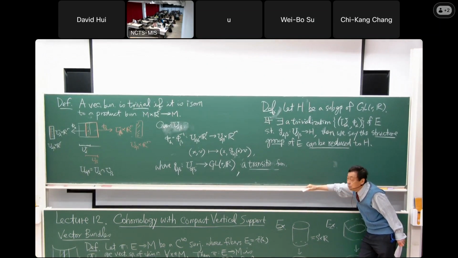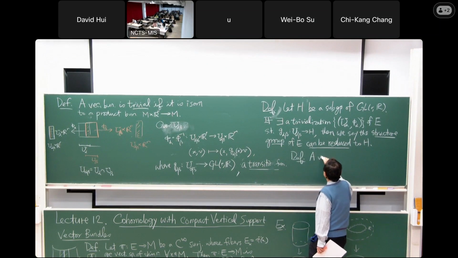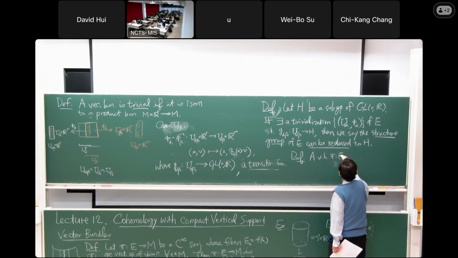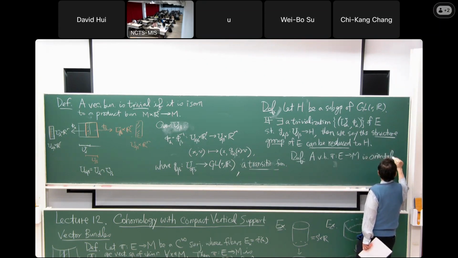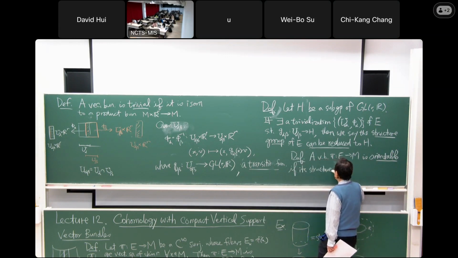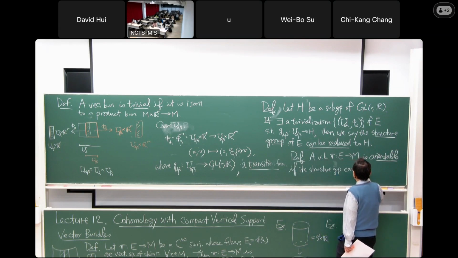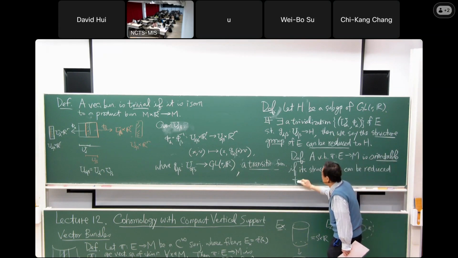And so we define a vector bundle to be orientable if its structure group can be reduced to GL plus.